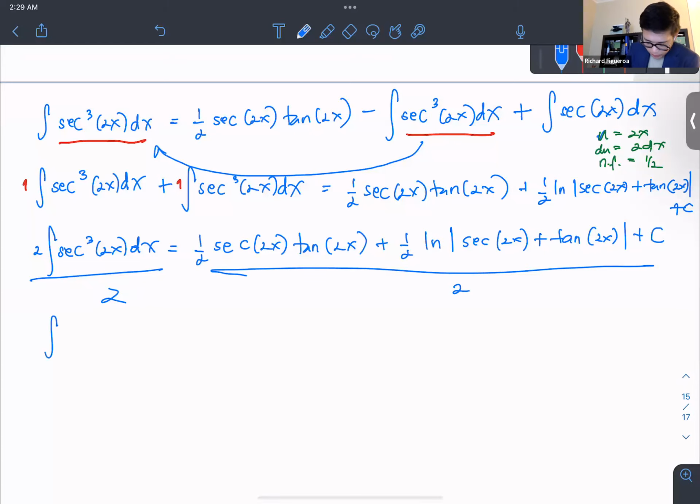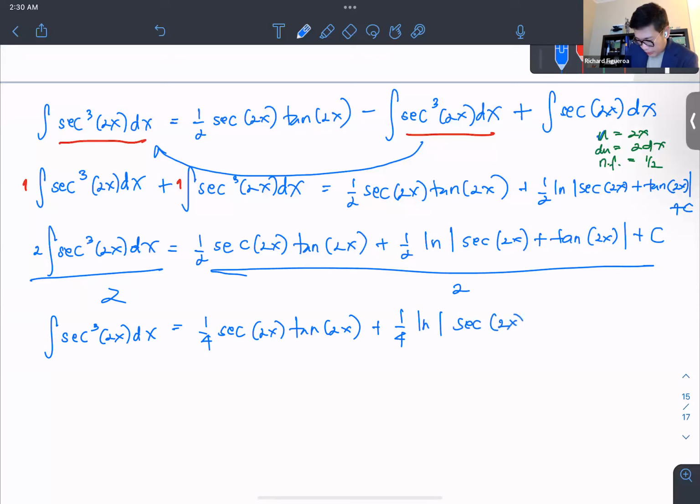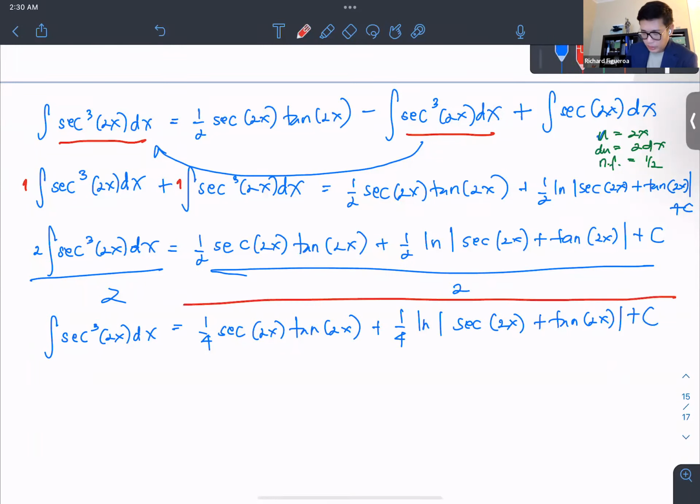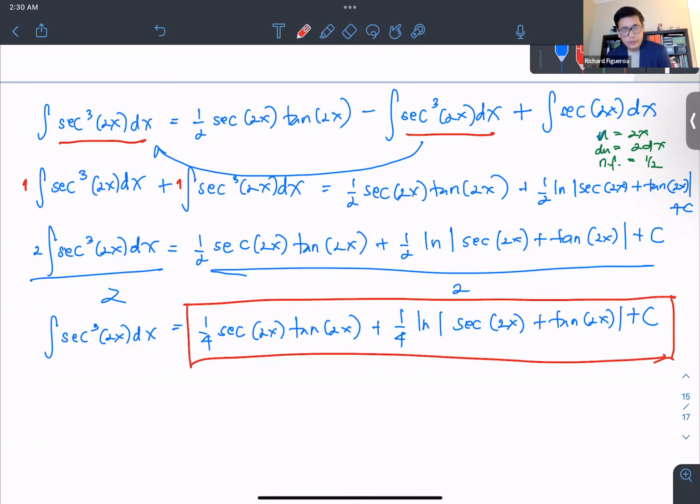So therefore, the integral of secant cube 2x dx is equal to 1/2 divided by 2, that is 1/4. So 1/4 secant 2x tangent 2x plus 1/4 ln of secant 2x plus tangent 2x plus c. And that will be the final answer.